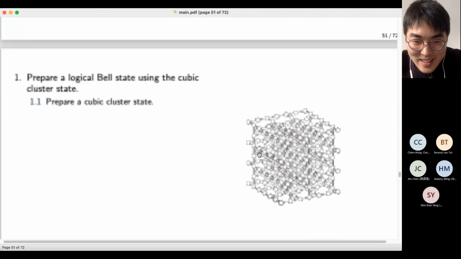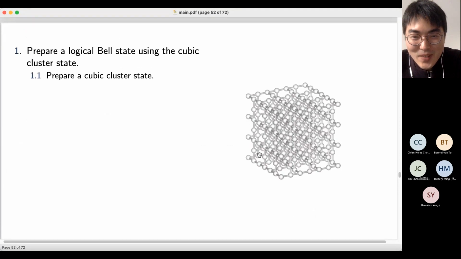Yes, thank you. So we are considering this 3D cubic state, and consider there are R number of sheets consisting this cube.